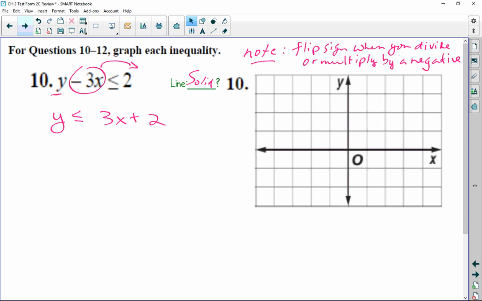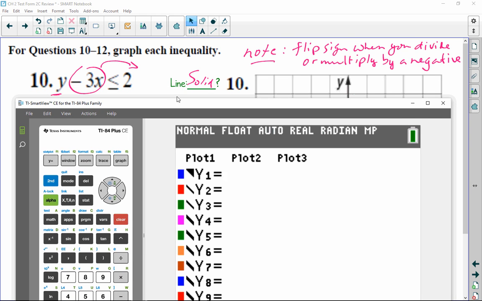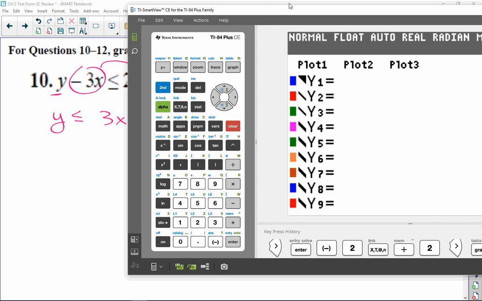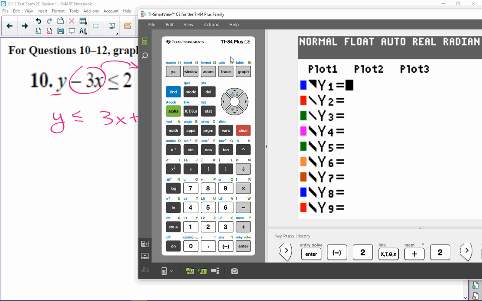Okay, grab your calculator. These are really easy. The first thing you have to change: you notice on mine, instead of a little line right here, it has a what?